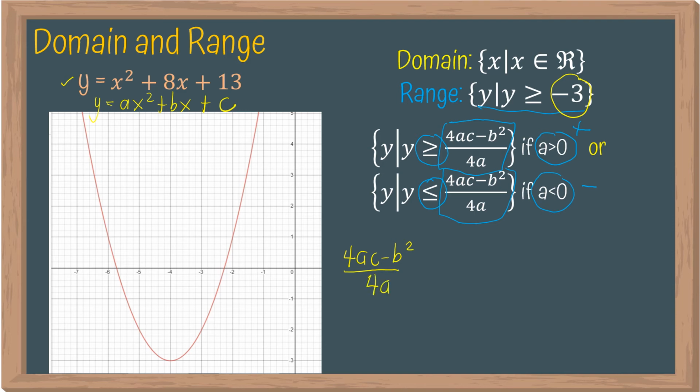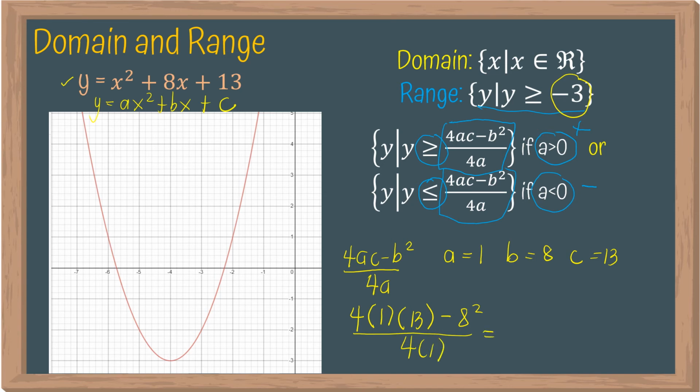Our values for a, b, and c are a is equal to 1, b is equal to 8, and c is equal to 13. Upon substituting the values to our expression, we'll have 4 times 1 times 13 minus the square of 8 all over 4 times 1.